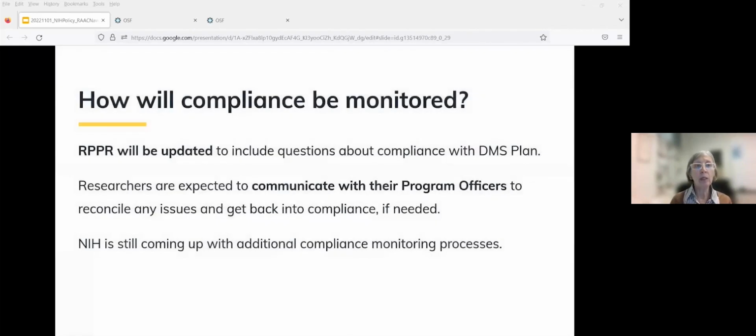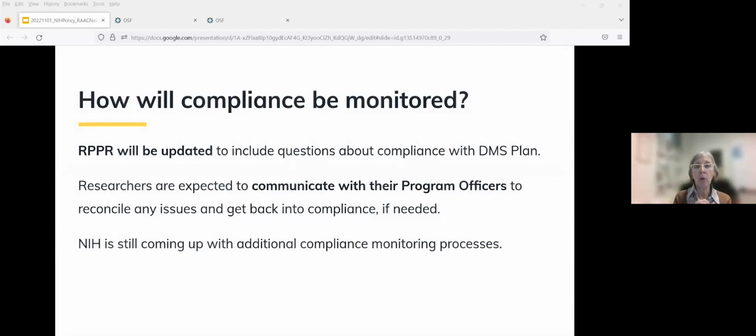So how will compliance be monitored? That's sort of a two-part question, in that within your plan, you need to say how you're going to monitor it. And that, as Sarah alluded to, will generally for now just be that the PI is going to be assured that this is going to be followed.